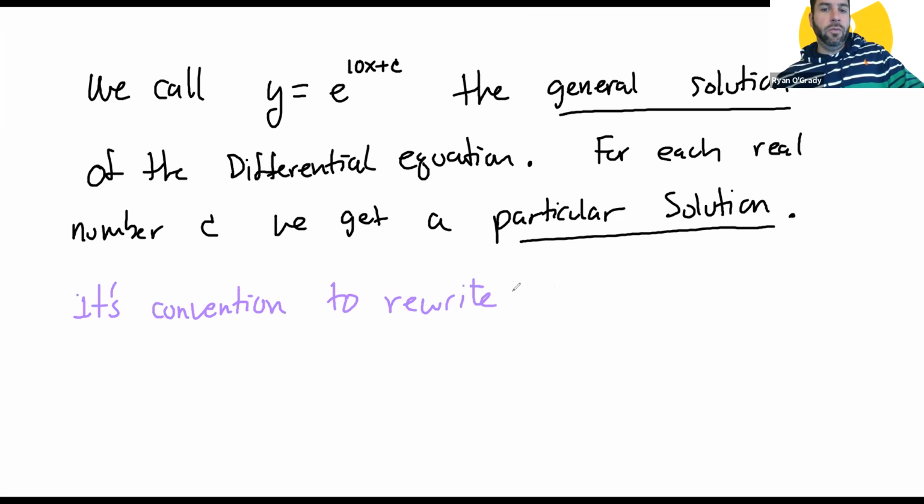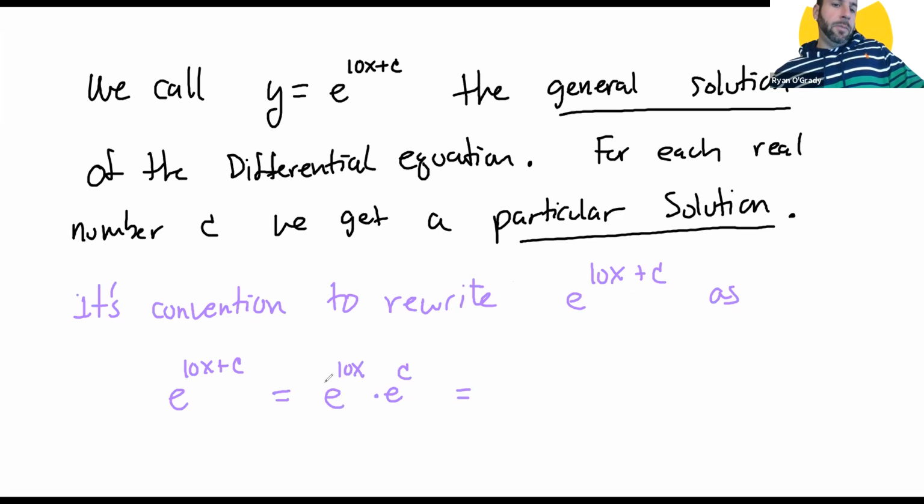It's convention to rewrite e to the 10x plus c in a much cleaner way, as e to the 10x times e to the c, using your properties of exponents that you learned many, many moons ago.